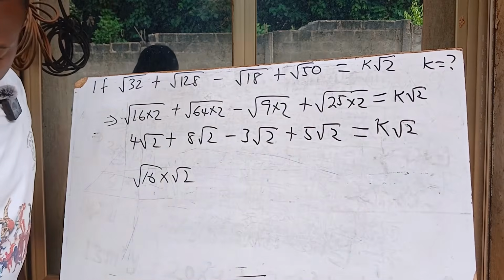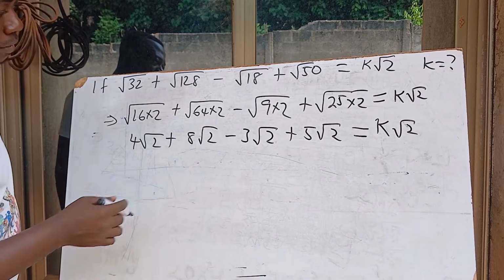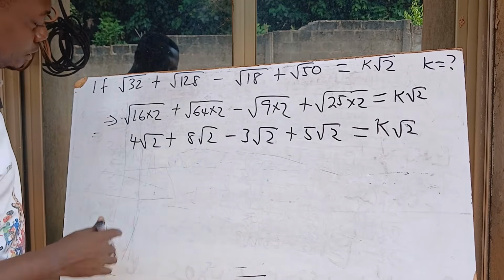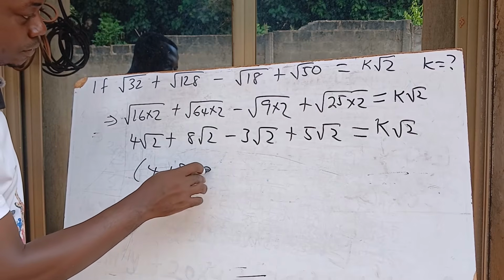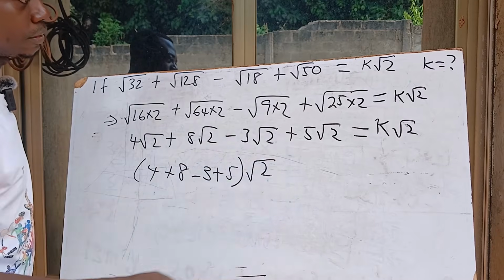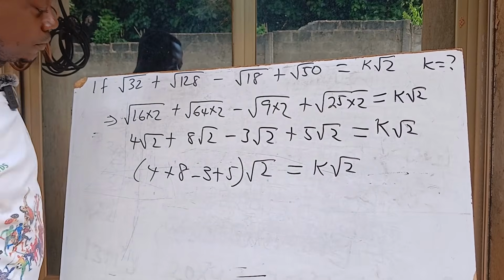Okay, so from here, I can deal with the left hand side. Root 2 is common, so we have 4 plus 8 minus 3 plus 5, and we have this equals k root 2.